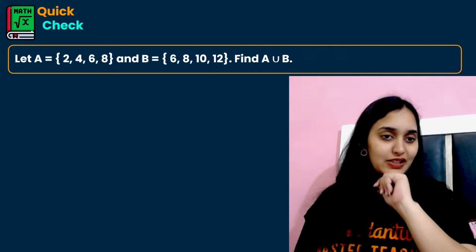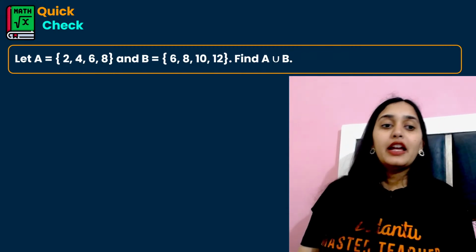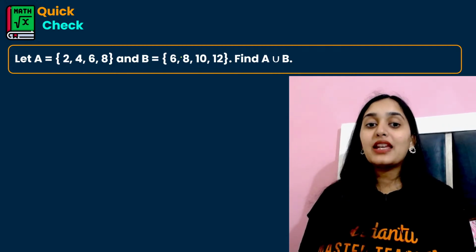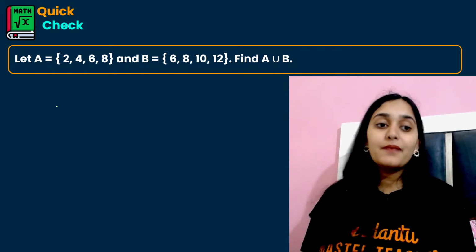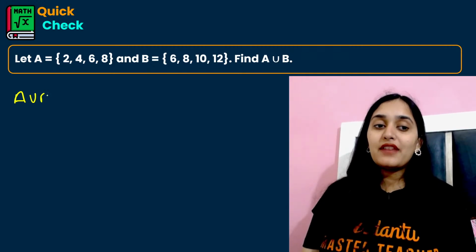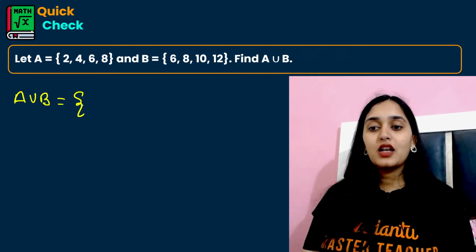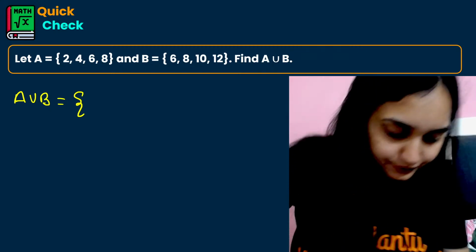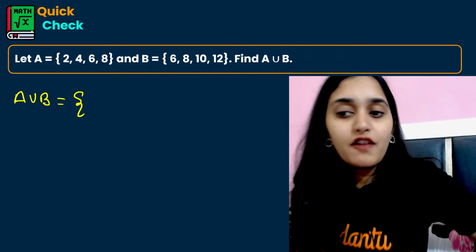Okay, let's do one example here. If set A is 2, 4, 6, 8 and set B is 6, 8, 10, 12, then A union B will be what? So it's very simple. A union B is basically combination of both the sets.